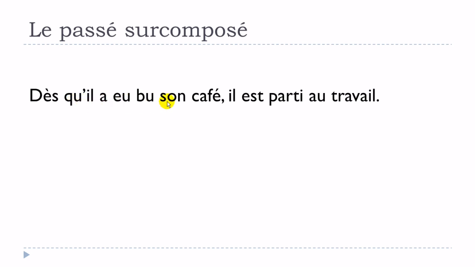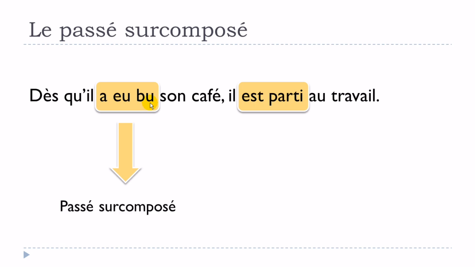So here is an example. Dès qu'il a eu bu son café, il est parti au travail. It's a strange sentence maybe, but let's have a look at it. The first thing that we should spot here is this a eu bu, and then the second thing is est parti. This a eu bu is actually this passé surcomposé form, and the second form here is the passé composé.